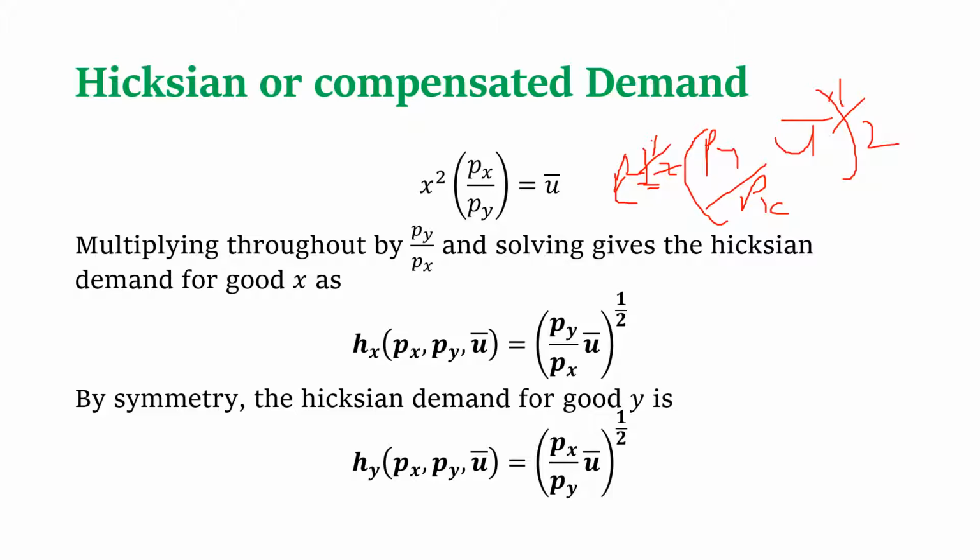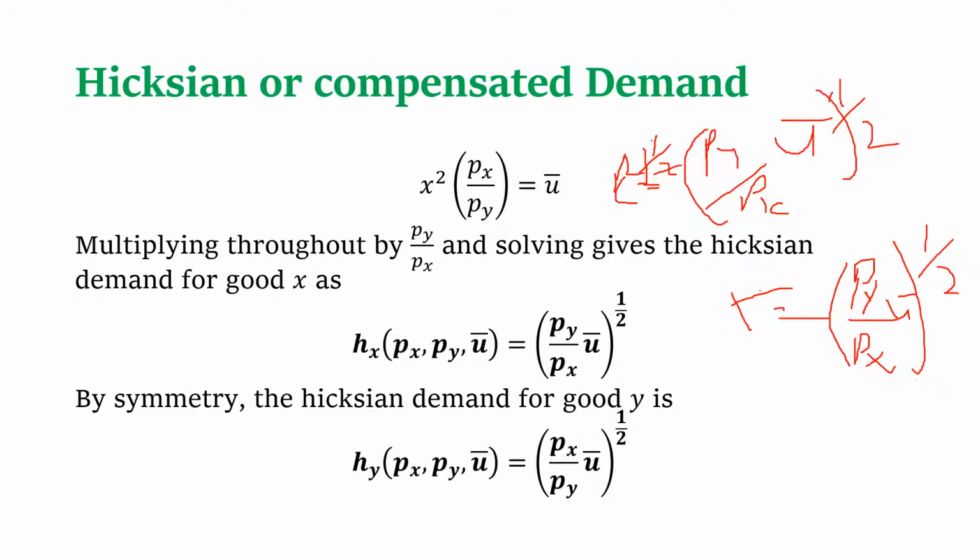So then your x equals py over px times u bar, all raised to the half. So that is your Hicksian demand.